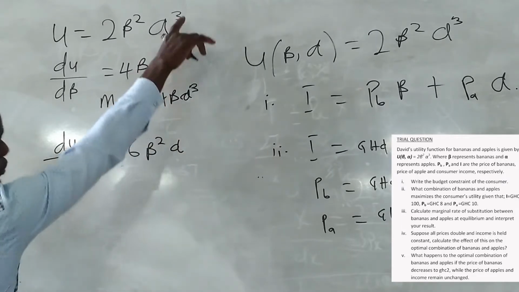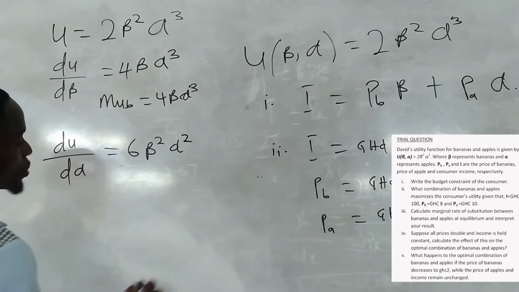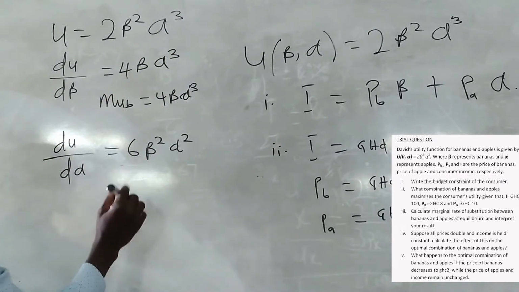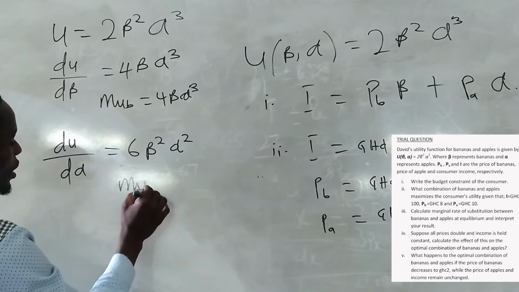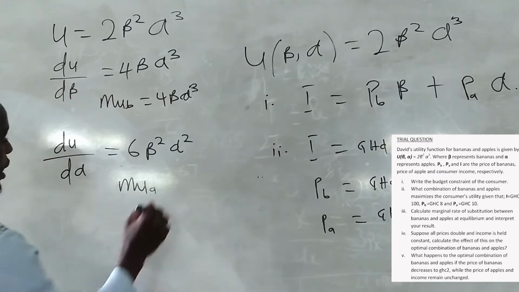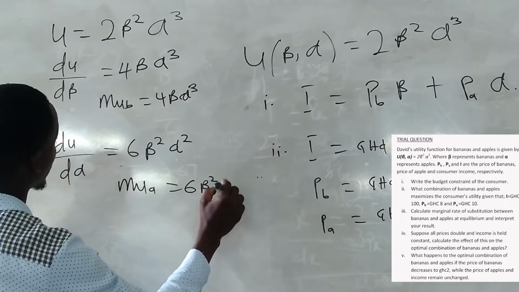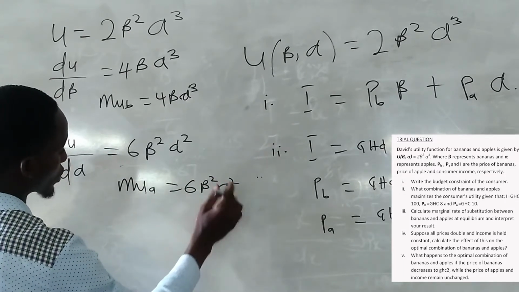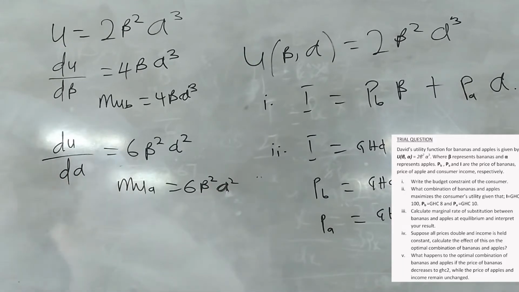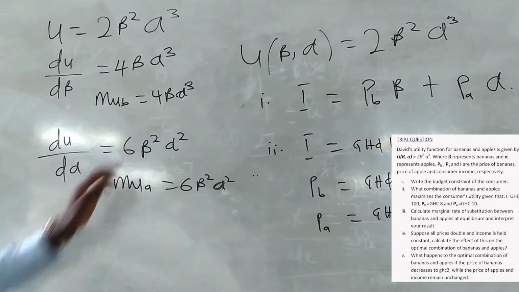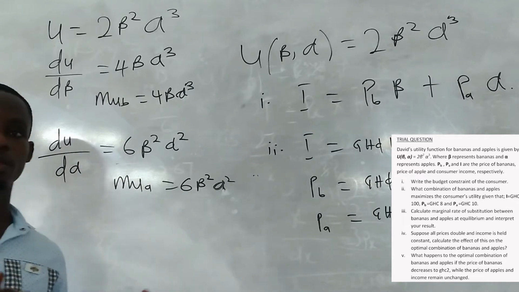So here, since we have our utility as U equals 2 beta squared alpha to the power 3, you find the change in utility as a result of change in beta. So you multiply and take, as I said.